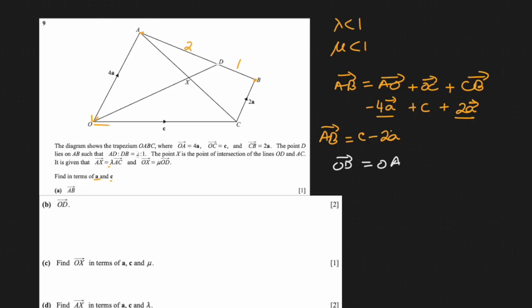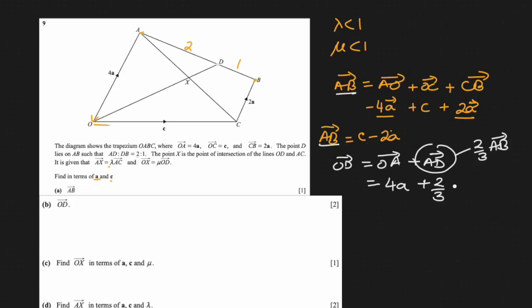Yeah, 2 out of 3. So OD is OA plus AD, OA is 4A, and AD is 2/3 of AB. And we found AB in previous part, didn't we? C minus 2A.